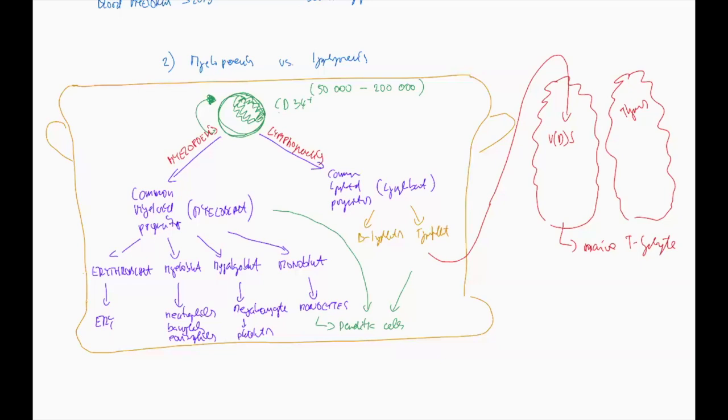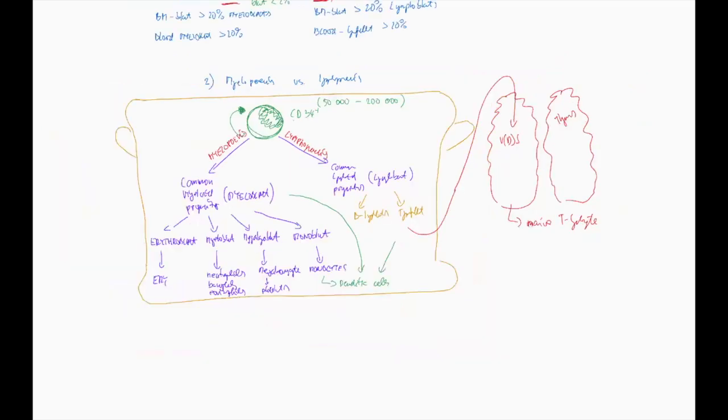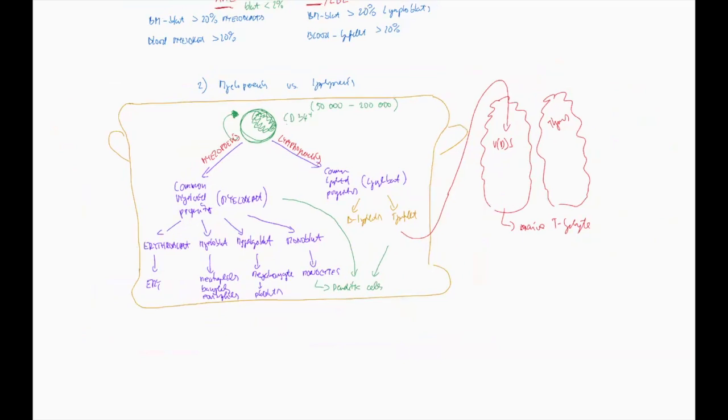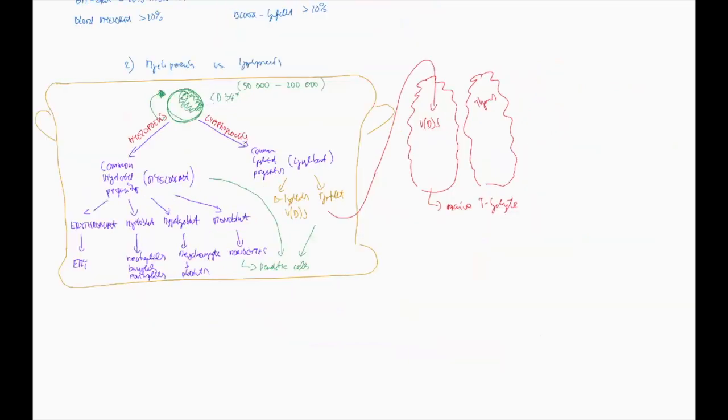With the B lineage, or the B lymphocytes, the VDJ recombination still happens in the bone marrow. And then the prolymphocyte, or the precursor, whatever you want to call it, travels to another organ. And the organ is called the spleen. Okay, so we have a big spleen over here. I'm going to draw an artery and a vein.